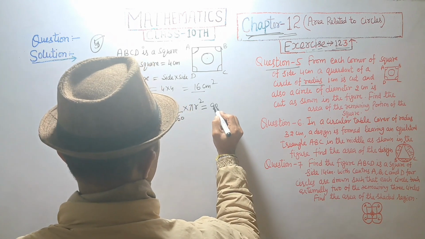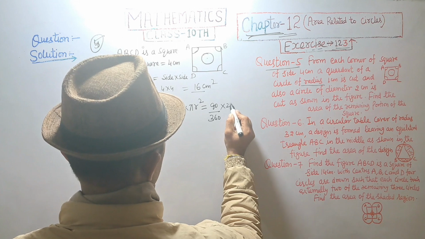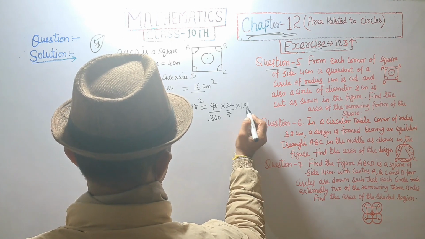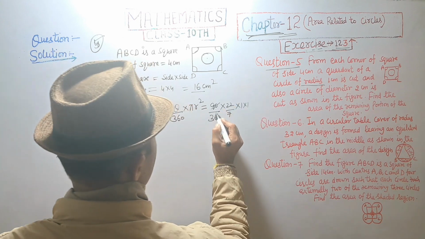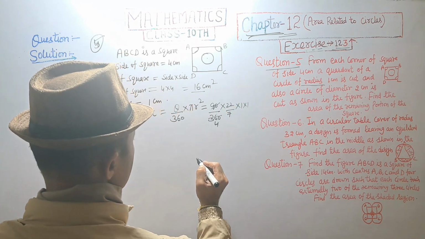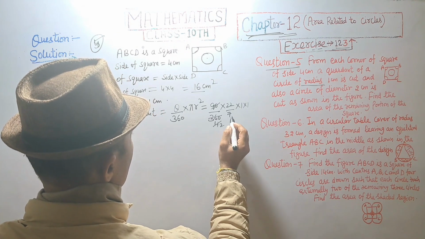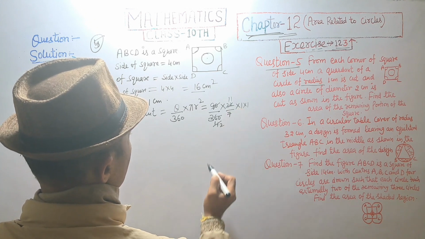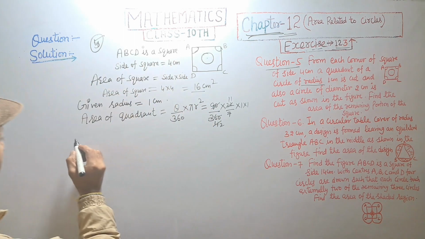Theta is 90 degrees, divided by 360, into pi, 22 upon 7, into radius 1 into 1. 9 4s are 36, so 90 upon 360 reduces. 2 2s are 4, 11 2s are 22.